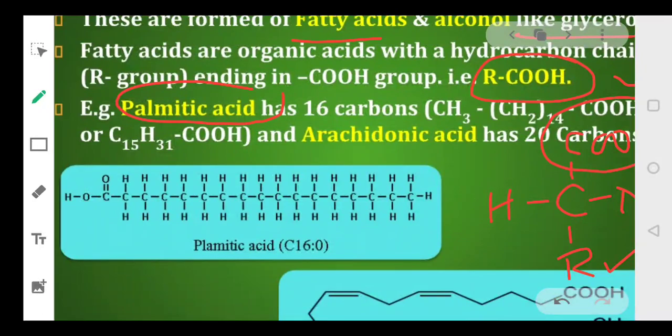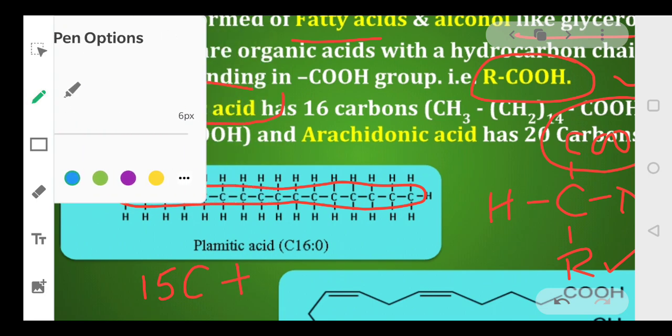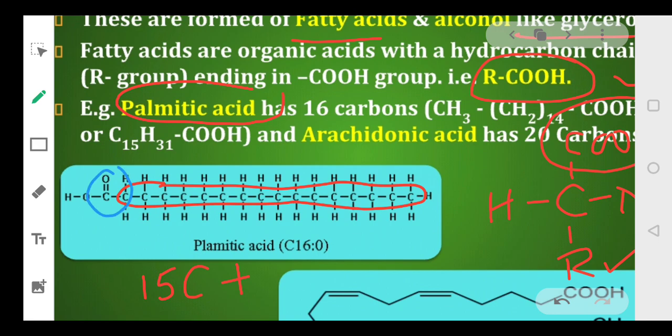Yes. Palmitic acid contains 16 carbons. If you count these carbons, they are 16 in number: 15 carbons are present, plus one carbon from the carboxylic group, that is COOH.